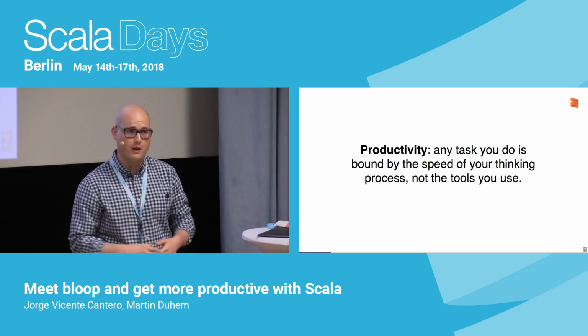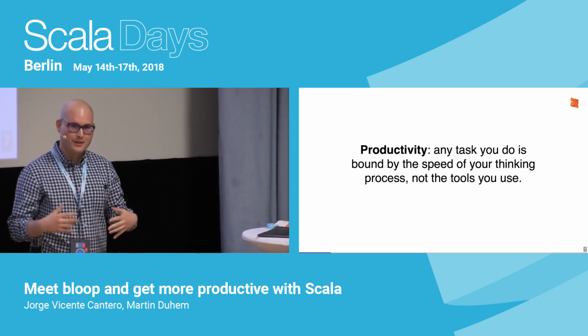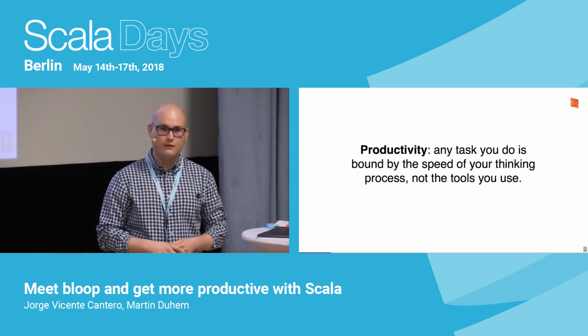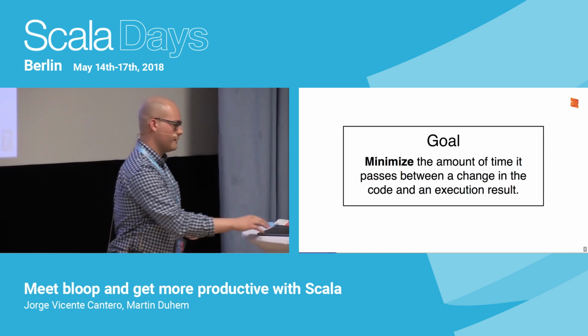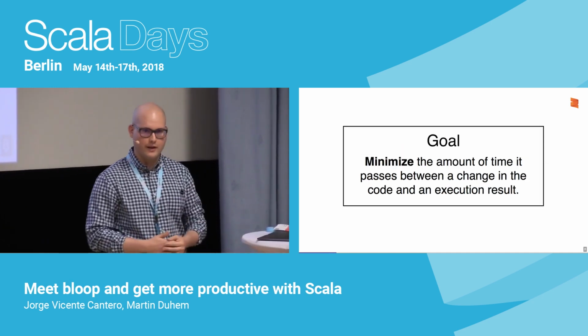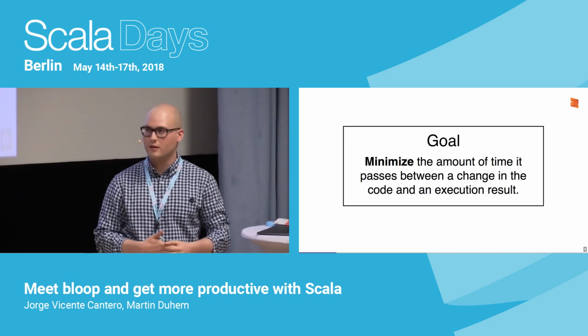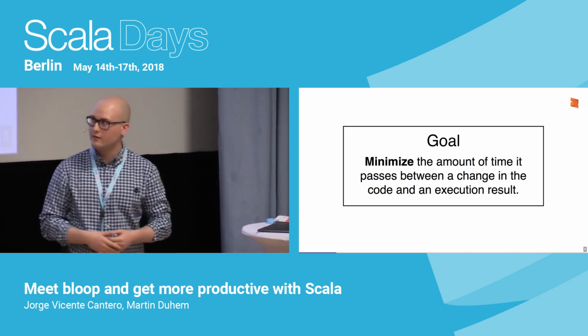So you are productive if you are stopped at some point because you need to think about the API design, and not because you need to wait until the build tool has finished compilation. Our goal here is to minimize the amount of time that passes between a code change and its result. That result may be a test execution result or the end of compilation.